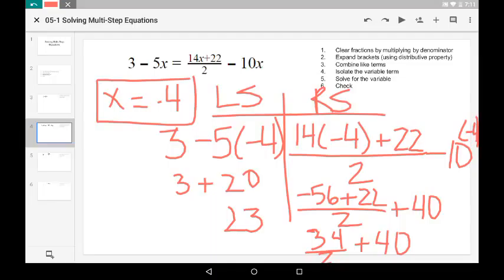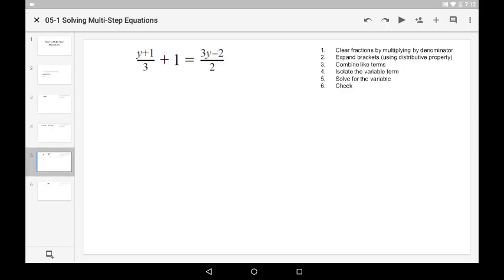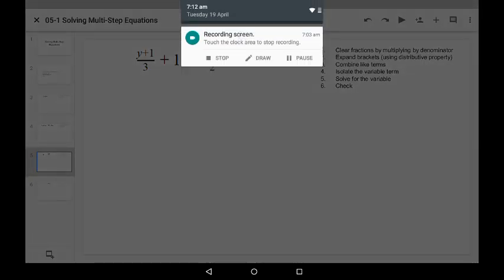Whoops, what did I do wrong here? Oh, should be negative. That's what I did wrong here. Negative 34 over 2 is negative 17 plus 40, which if I had enough space would be 23. And then the left side would equal the right side. Sorry about that. That was a very cramped example.